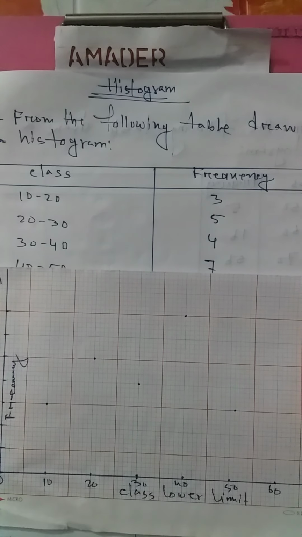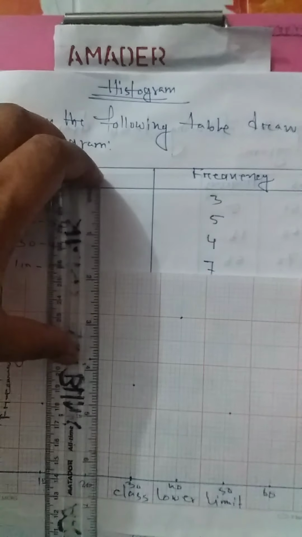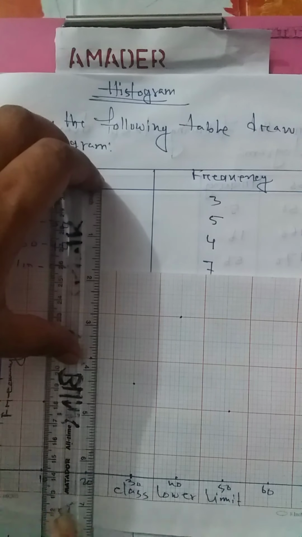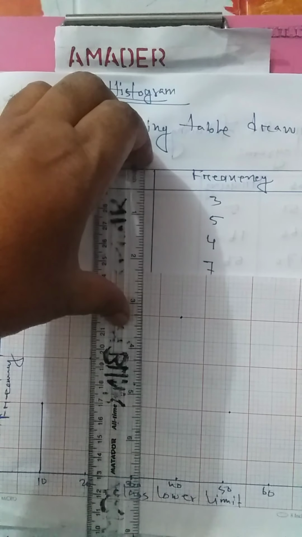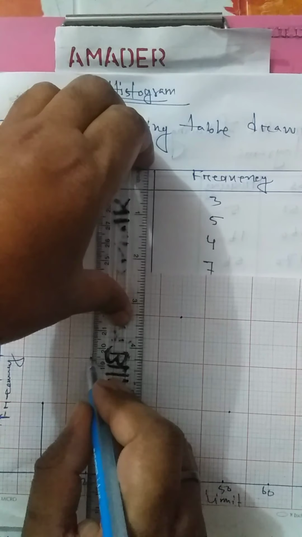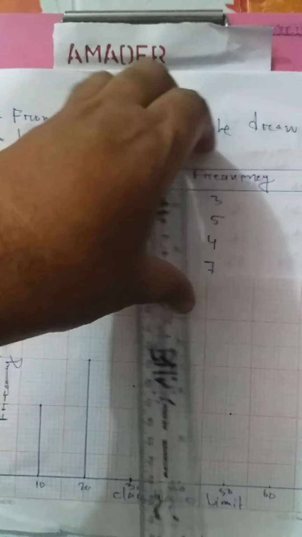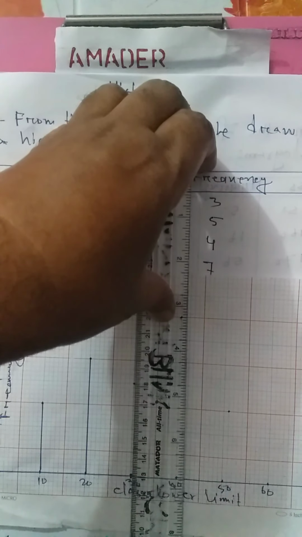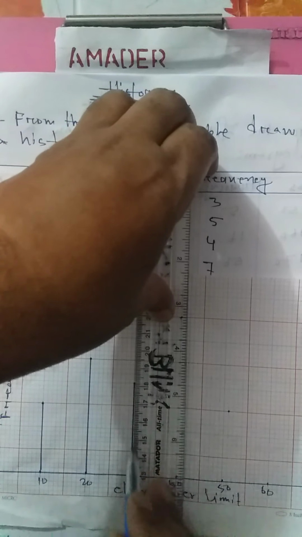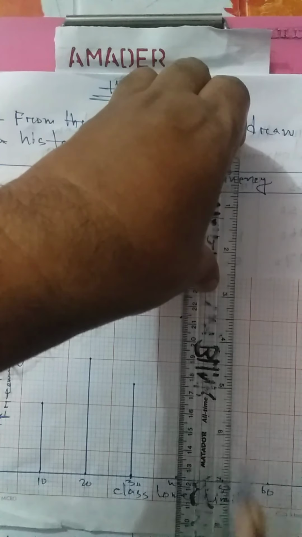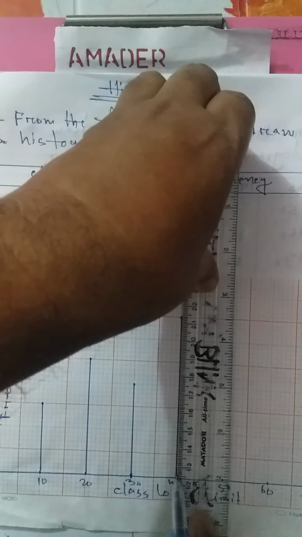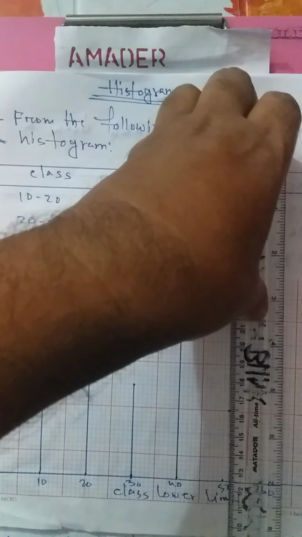Now add the line. At first add the line. This is the easy way of drawing a frequency histogram.